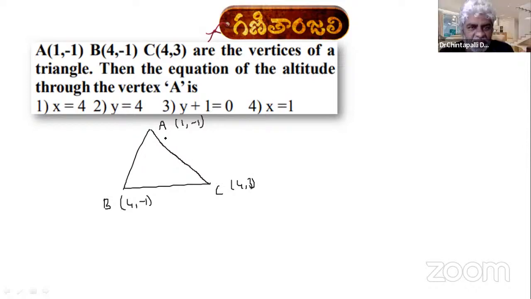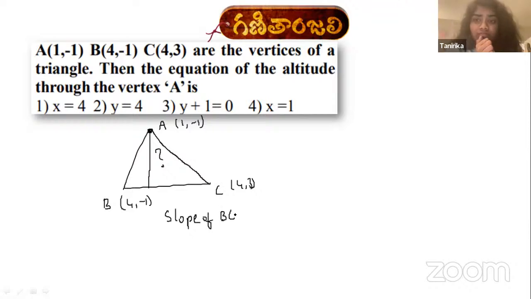The equation of the altitude through A is asked, right? We know the point. Can you tell the slope of BC? Slope is y2 minus y1 by x2 minus x1.